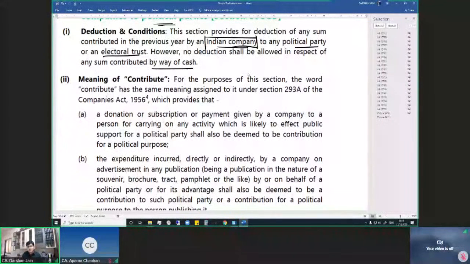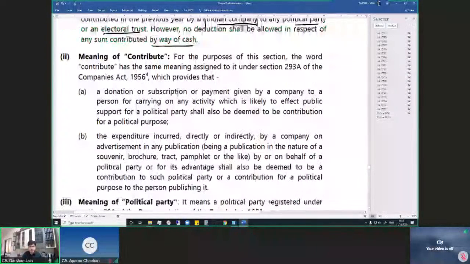So everything should be made through the banking channel or through the specified modes, not by cash. The essential condition is that the Indian company should not make any contribution to an electoral trust or a political party by way of cash. If you're making a contribution by cash, nothing would be allowed as deduction under section 80GGB. What is contribution?